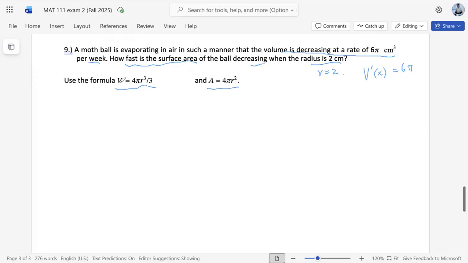We're given V prime, so let's take V prime in terms of R. We have 4/3 times pi times 3R squared, because the variable is the radius and pi is a constant. This 3 cancels this 3, so we get 4 pi R squared. And then we're given this 6 pi.